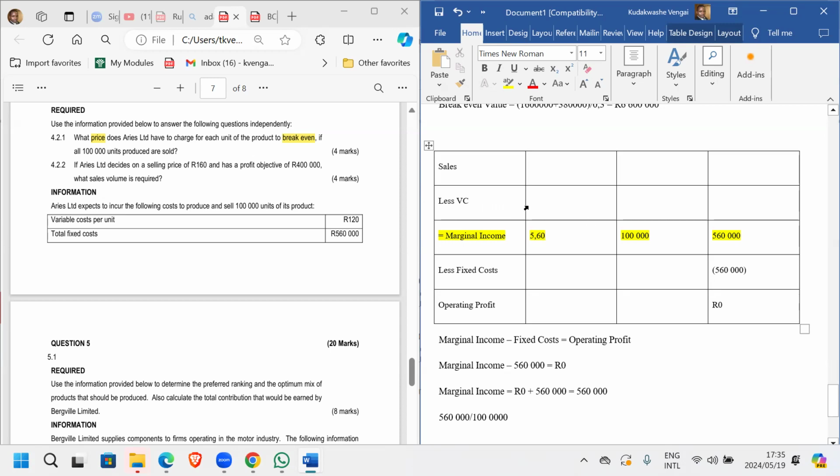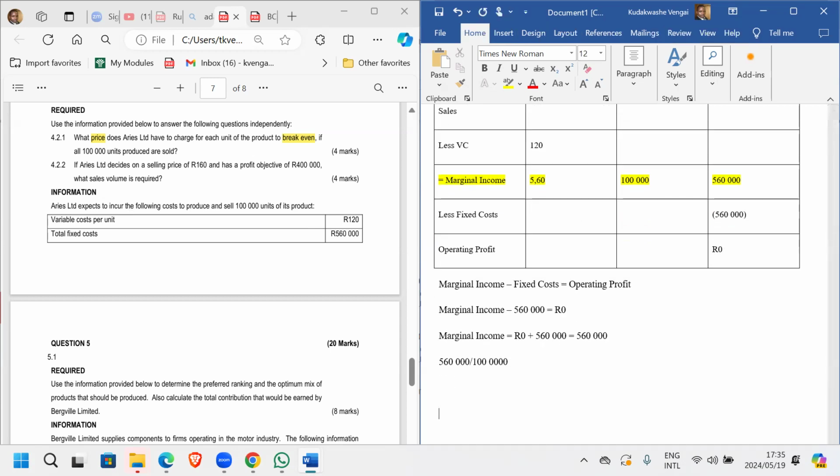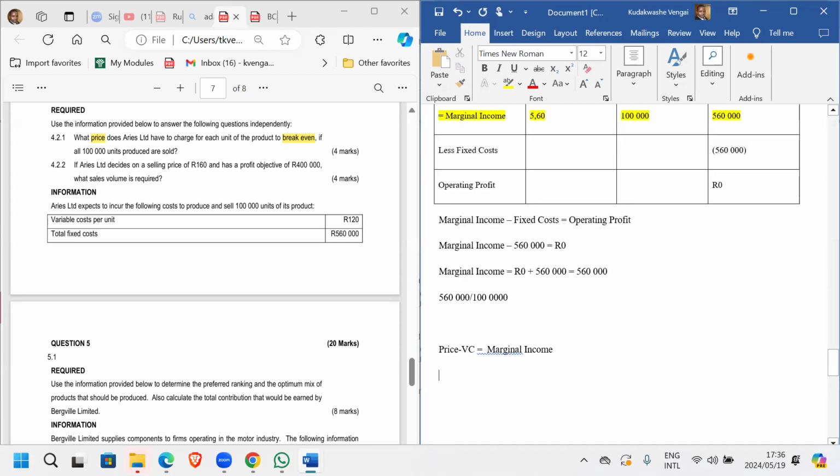What about my variable costs? You already told me it's 120. So my variable cost is 120. Now, remember, if I say price minus variable costs, I get the marginal income, right? Price, I don't know. So I'm going to say here, price minus 120 is equal to 5.60.